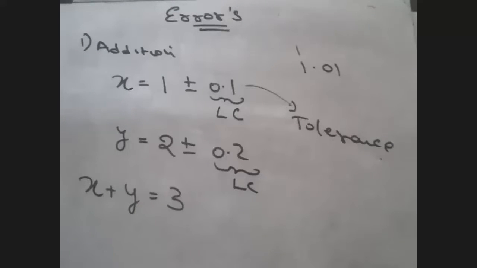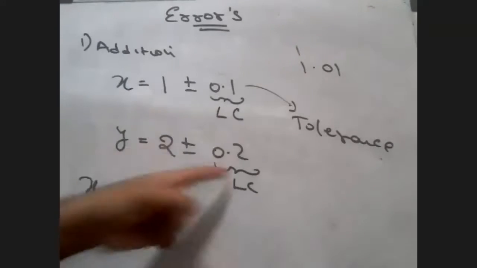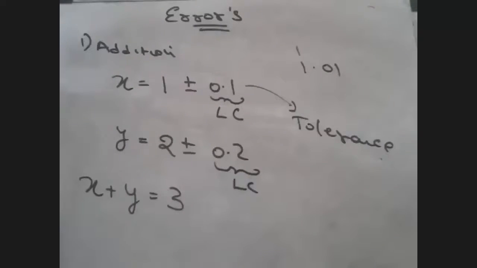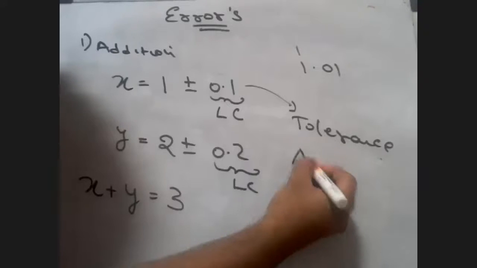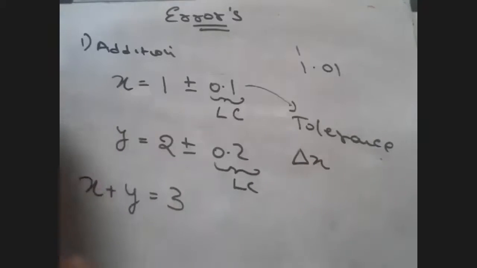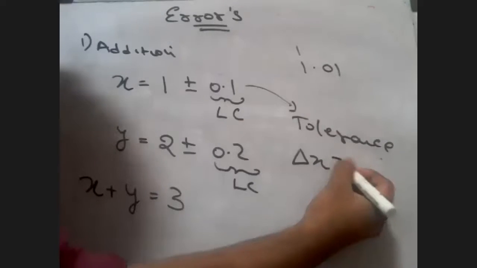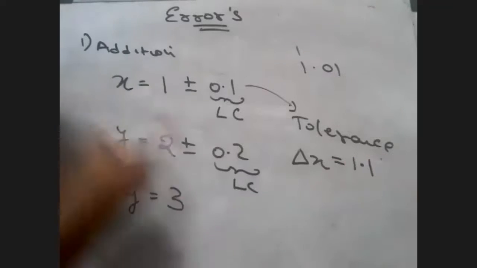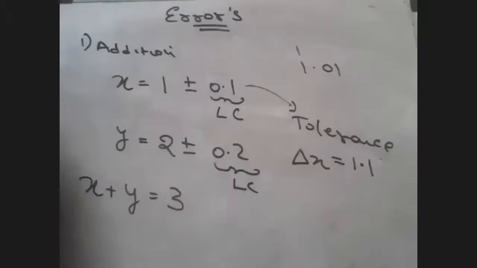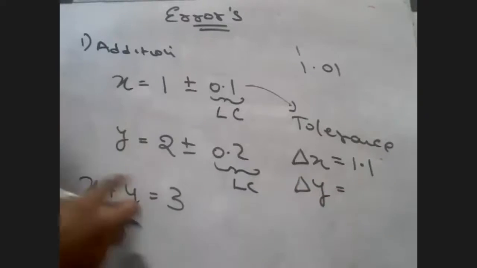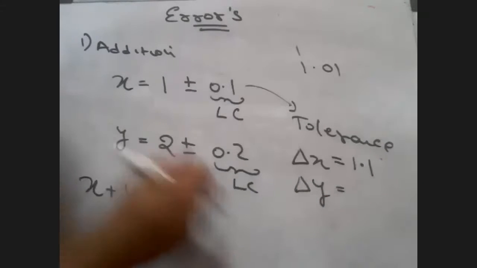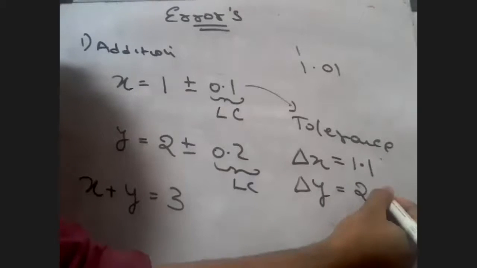But if I consider the error also, that is the least count, then at some point the change in x, delta x, can be at maximum 1 plus 0.1, which is 1.1. And the change in y, delta y, can be 2 plus 0.2, which is 2.2.